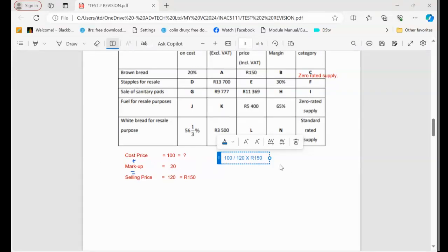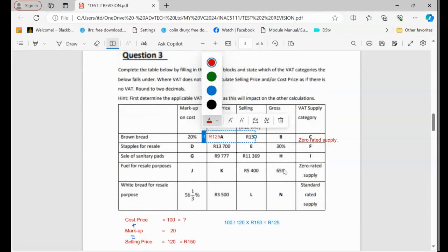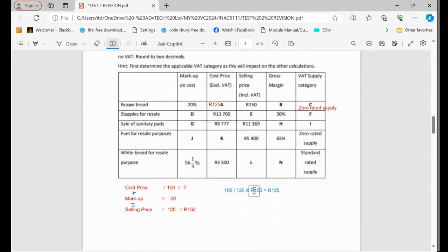We get 125. So this 125 is our A, I'm going to put it here as A. I hope it makes sense. Can you see? Just easy like that. So make sure that you always analyze at all times. So our cost price is 125.